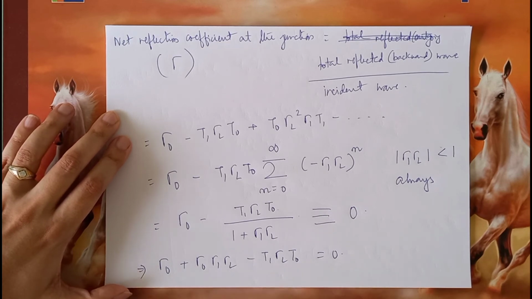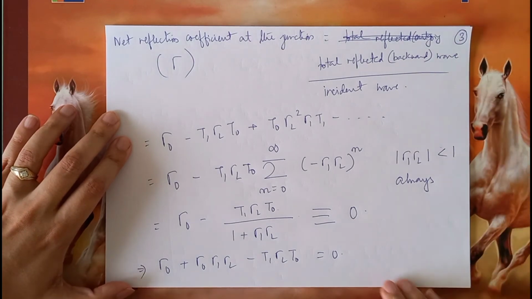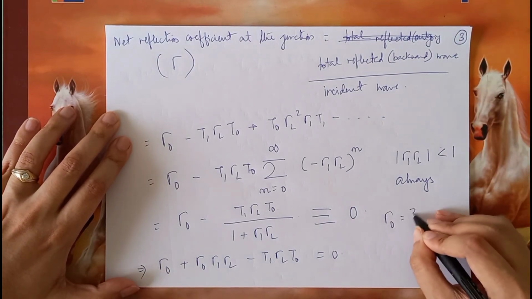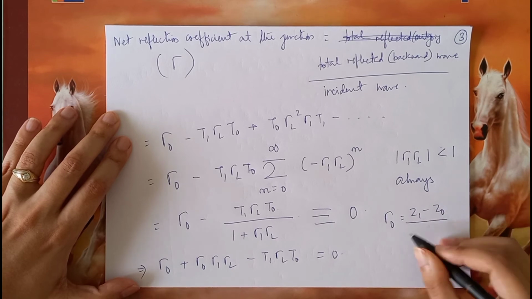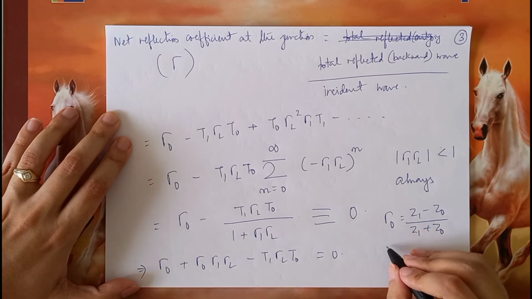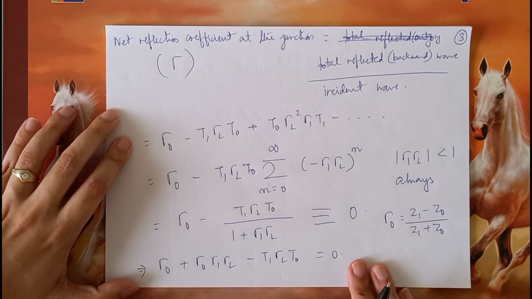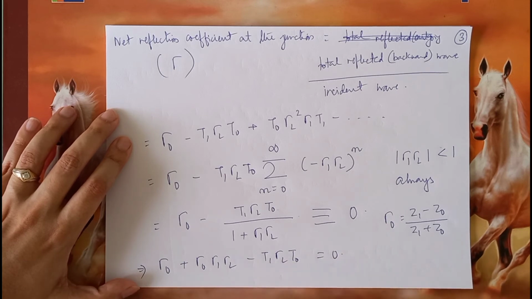What is gamma 0? Let's put all those that we derived. So gamma 0 is Z1 minus Z0 divided by Z1 plus Z0. What about T1? T1 will be 1 plus gamma 1. You can prove this. T1 is 1 plus gamma 1.